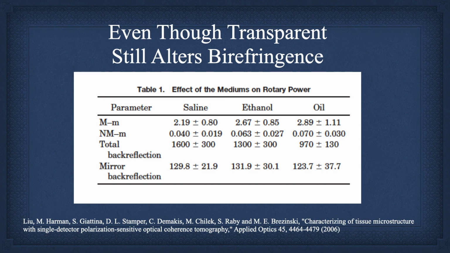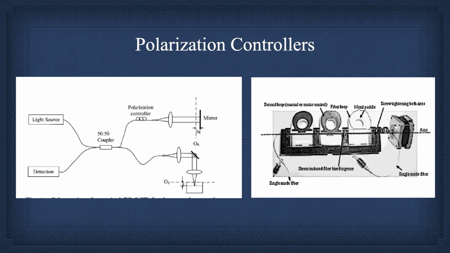But in spite of the fact the back reflection intensity changed with the medium, it was still birefringent, the collagen type 1. So you can use polarization sensitive OCT. And we did do that, and it's not limited to time domain. So here we put polarization paddles, and the schematic shows a time domain system. And this is a motorized polarization paddles bit. You just need polarization paddles.